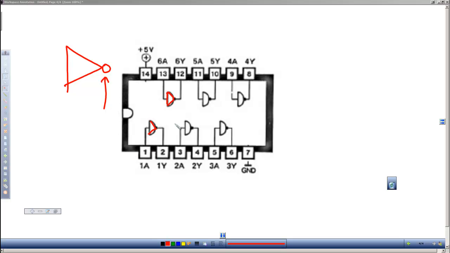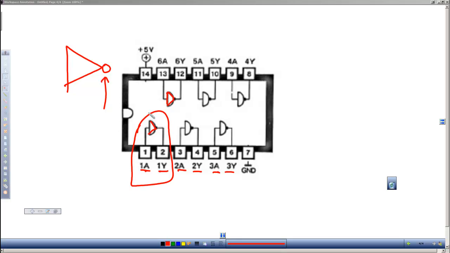We have 6 devices. Pin 1 is an input, and pin 2 is an output of a device. Then 3 and 4 are input and output respectively of a separate device. 5 and 6 are input and output as well. Each of these 6 devices is totally independent of the others.